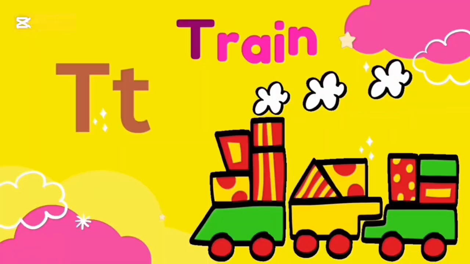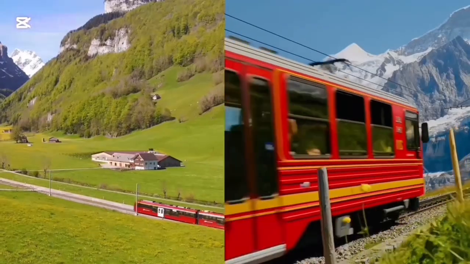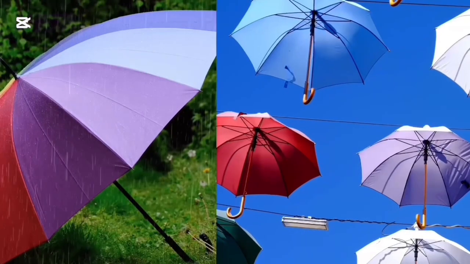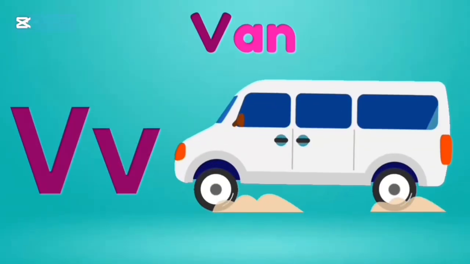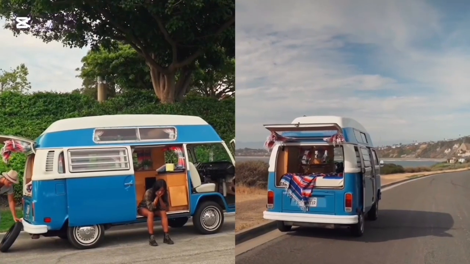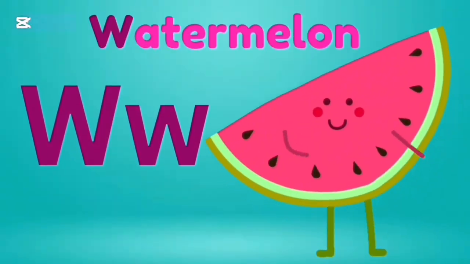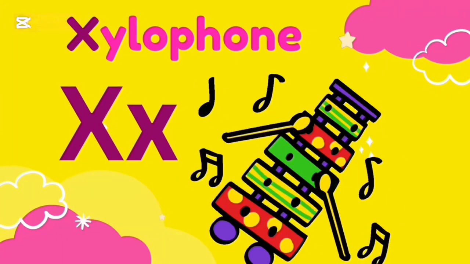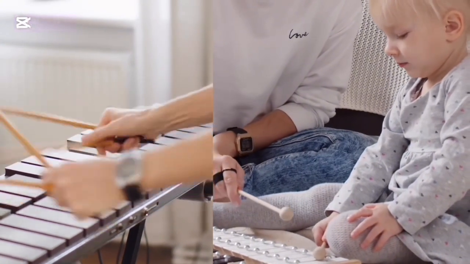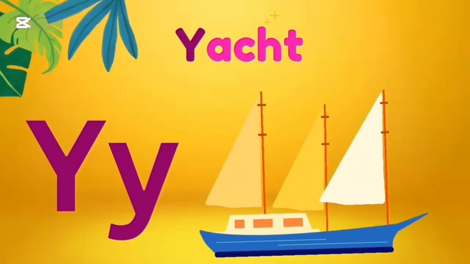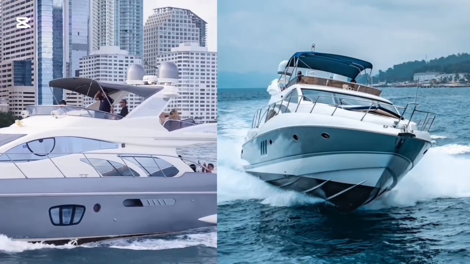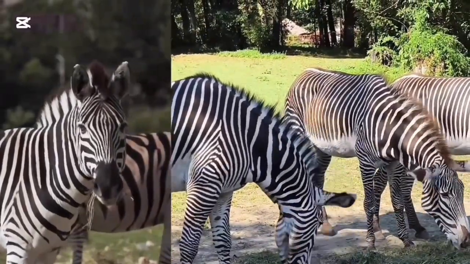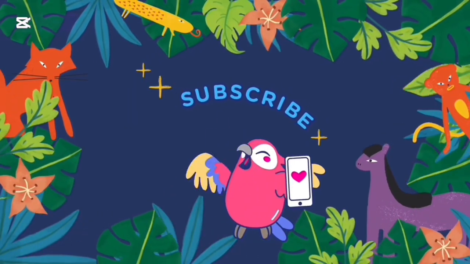Sun. T for train. Train. U for umbrella. Umbrella. V for van. Van. W for watermelon. Watermelon. X for xylophone. Xylophone. Y for yacht. Yacht. Z for zebra. Zebra.